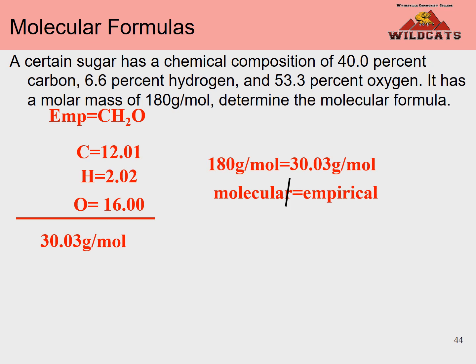But it's easy to find the molecular formula because the difference between these two will always be a whole number ratio. Remember, to find a whole number, you take the big number divided by the small number. So 180 divided by 30.03 equals 6. So my molecular formula is 6 times bigger than the empirical formula.